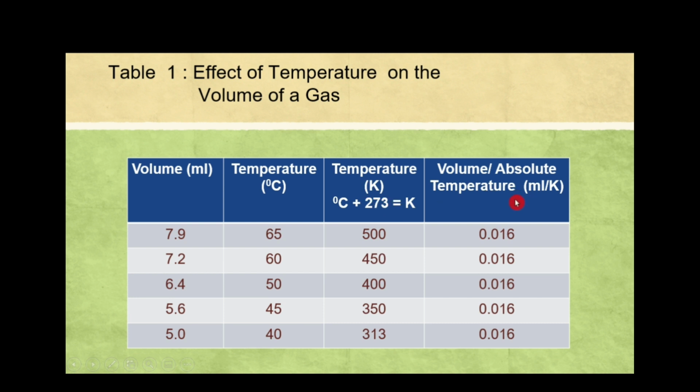in Kelvin. So that is 7.9 divided by 500. The answer is 0.016. 7.2 divided by 450. The answer is 0.016. 6.4 divided by 400, 0.016. 5.6 divided by 350, 0.016.